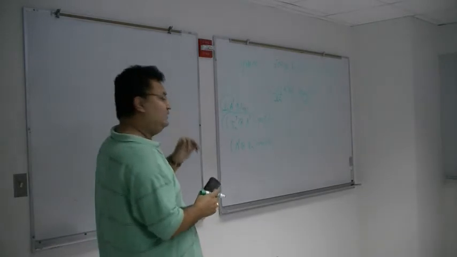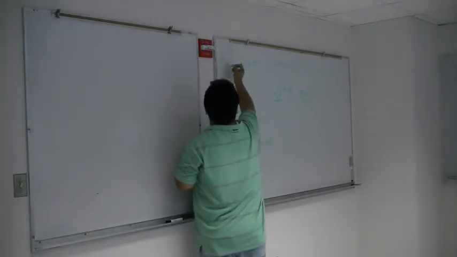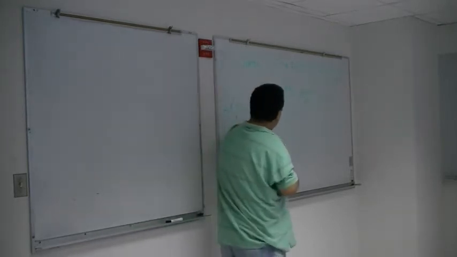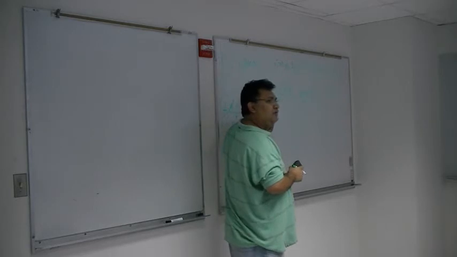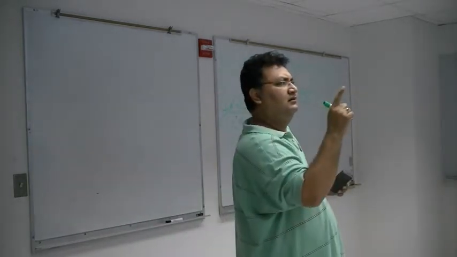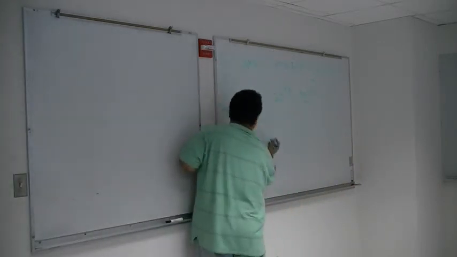And vec A^T, I told you earlier, what is vec? Vec is putting everything in one column. And to convert A^T into A, I am going to multiply it by T_mn.